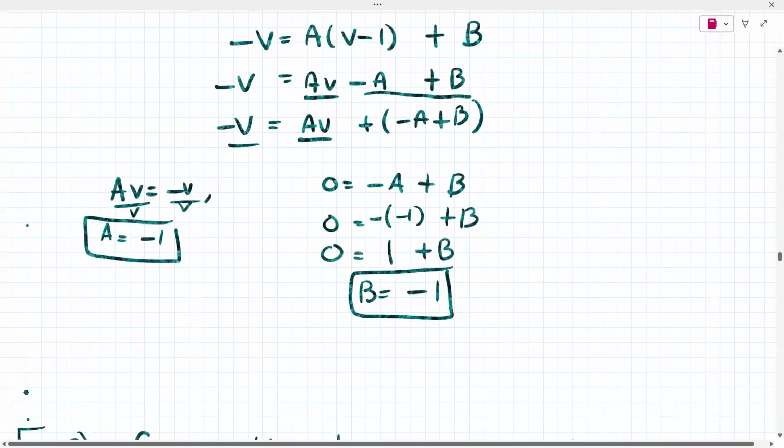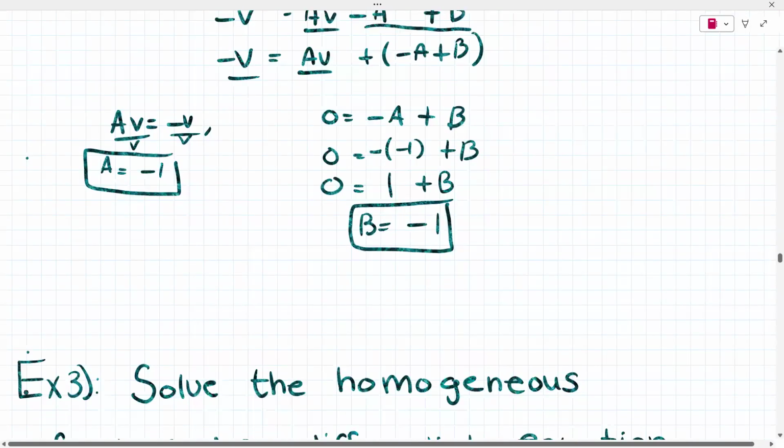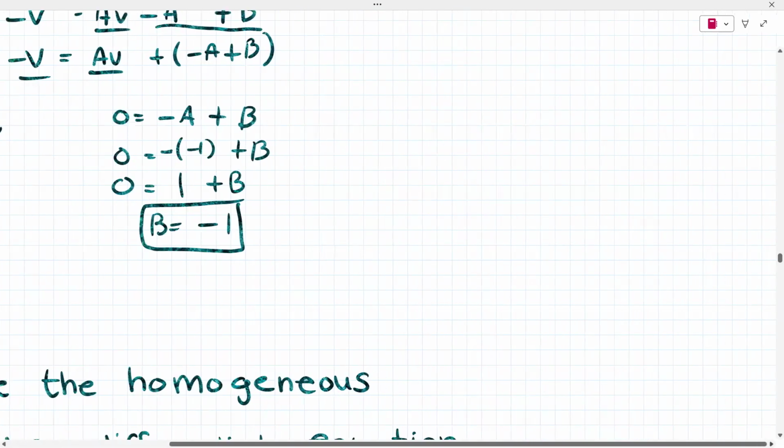Okay. So you would set it up as, oh man, I am running out of space. Here, let's move it to the left.